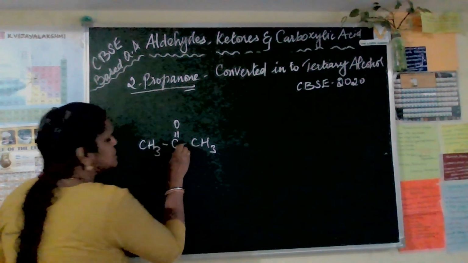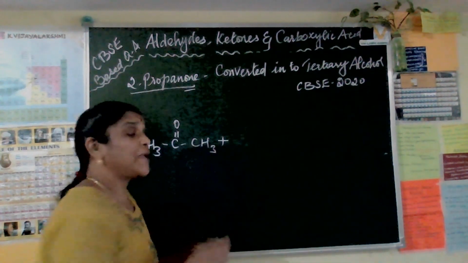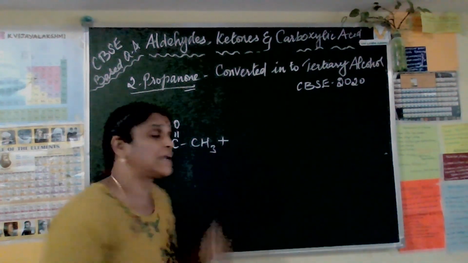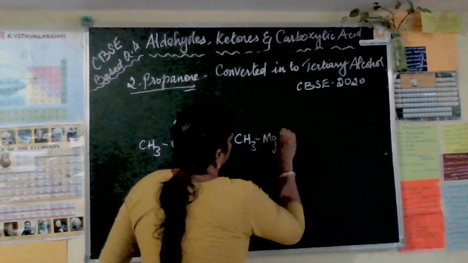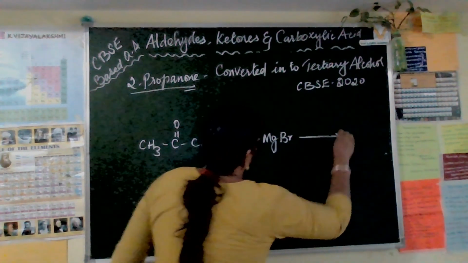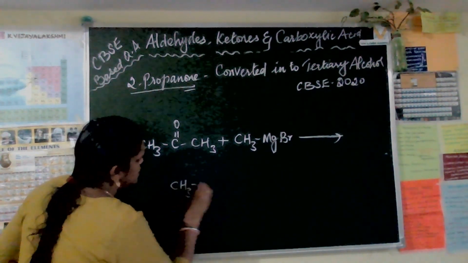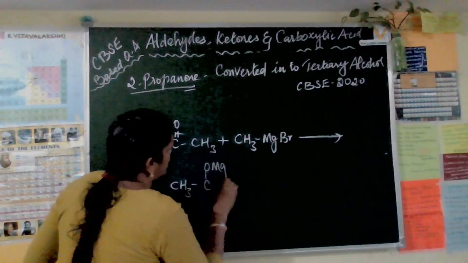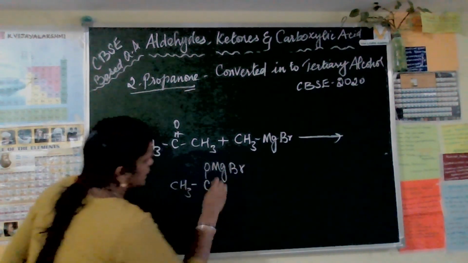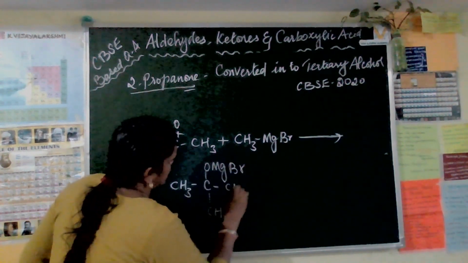It has three carbons, hence prop, and the propanone is combined with the Grignard reagent, methyl magnesium bromide, CH3MgBr. So you will get CH3, and see, the bond breaks: here O MgBr, here CH3, and here the same CH3.